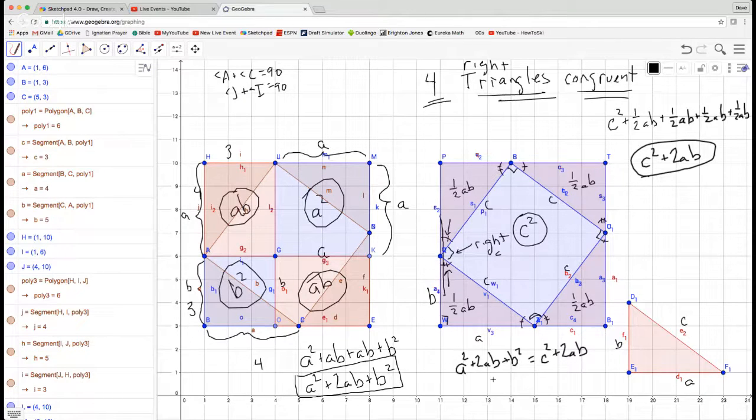By the law of subtraction, I can just subtract 2AB from both sides, and I get A squared plus B squared equals C squared. And I have informally proved the Pythagorean theorem.